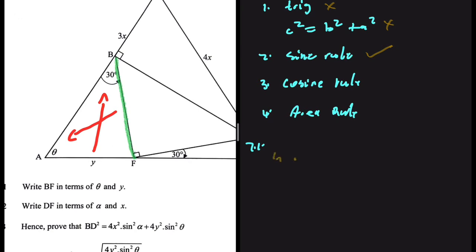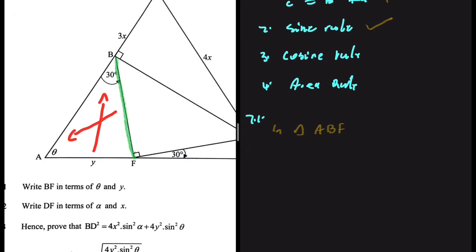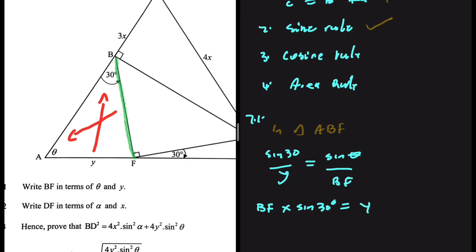So in triangle ABF, we have sine of 30 degrees divided by y. You see, the angle divided by the side opposite. This is equal to sine of theta divided by BF. Let's cross multiply. We're going to get BF multiplied by sine of 30 degrees being equal to y multiplied by sine of theta.